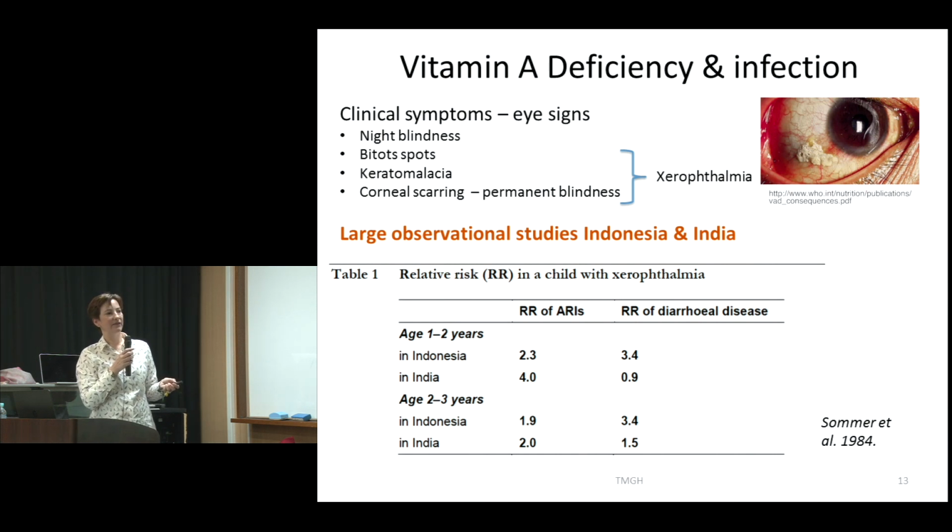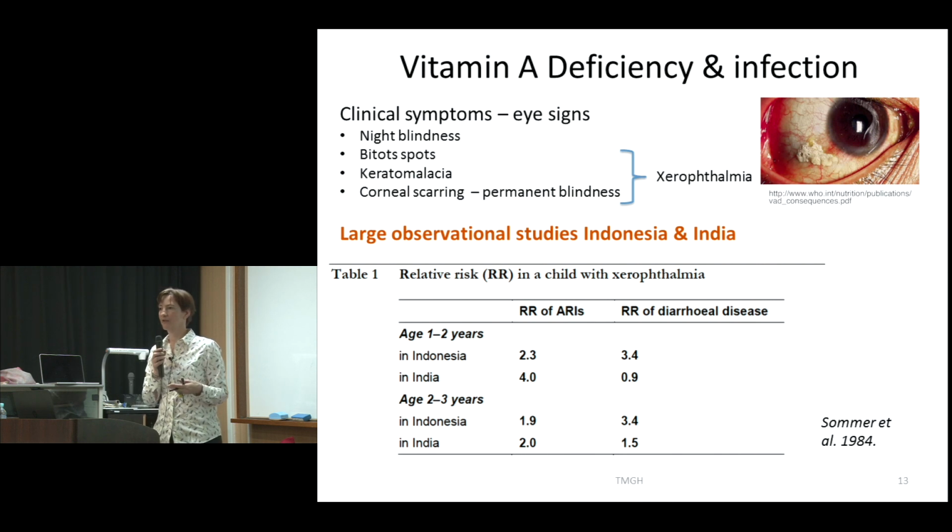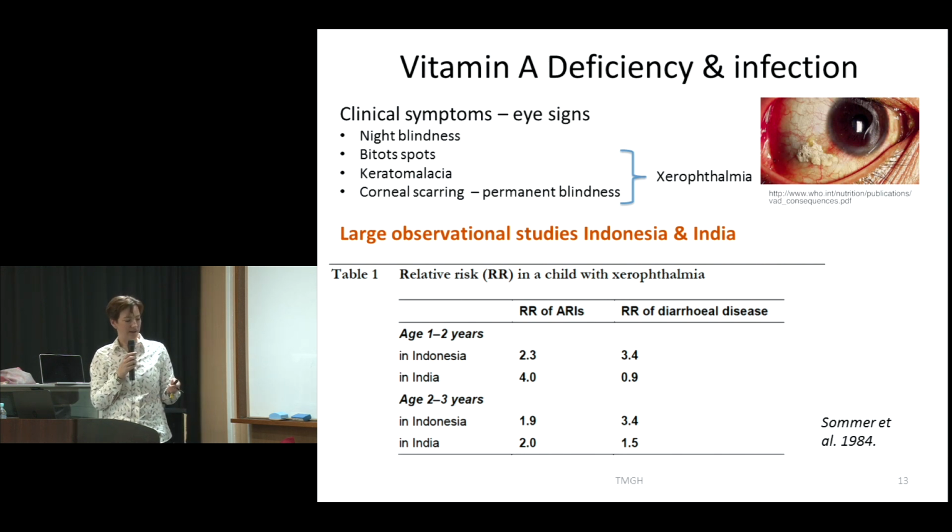And it was a guy called Alfred Sommer who brought attention back to vitamin A, because it kind of got forgotten about for a while. And so in the 80s, I think this was done in Indonesia and India, he did observational studies and looked at the relative risk in children with actual eye signs of deficiency and their risk of getting acute respiratory infections or diarrhea.